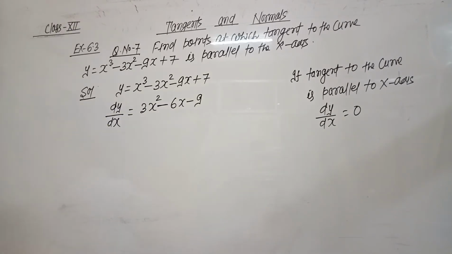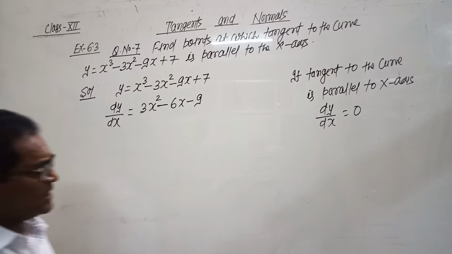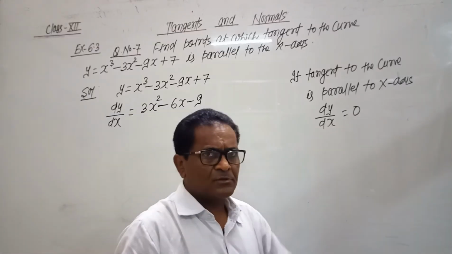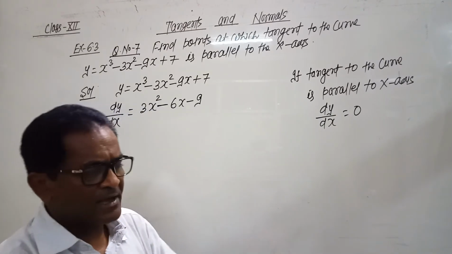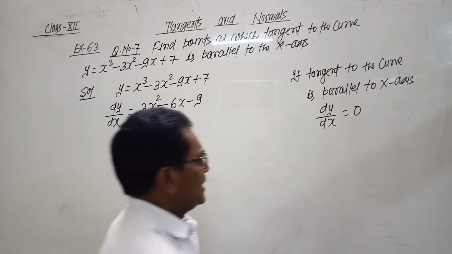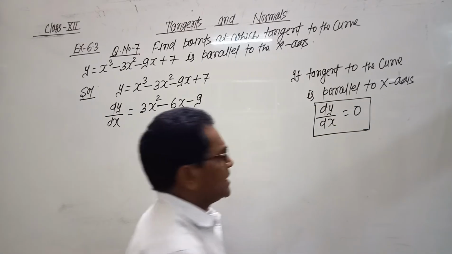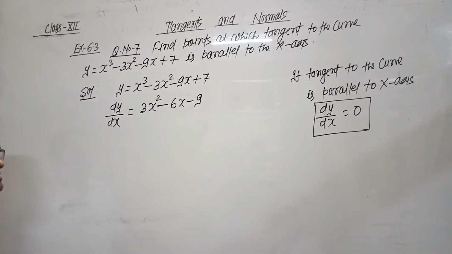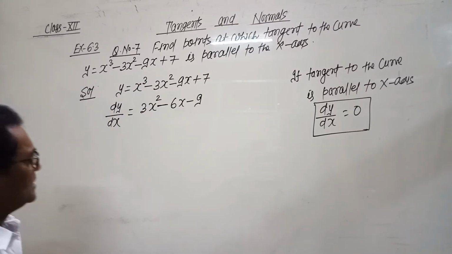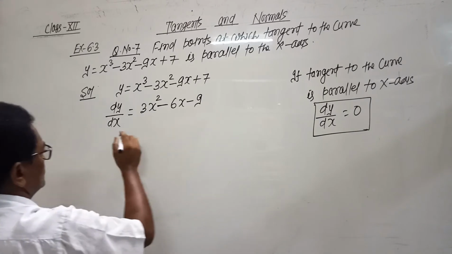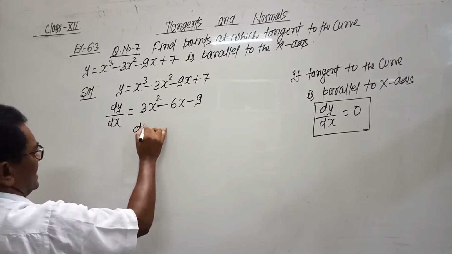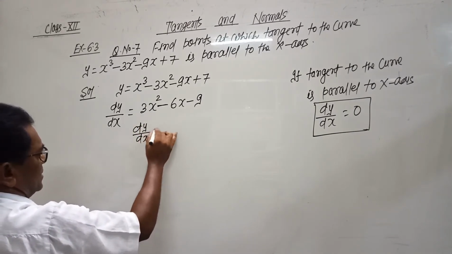Parallel to the x-axis means theta equals 0, and you know dy by dx equals tan theta, and theta is 0, so the value of tan 0 will be 0. So if the tangent to the curve is parallel to the x-axis, then dy by dx equals 0. So we will make it equal to 0.